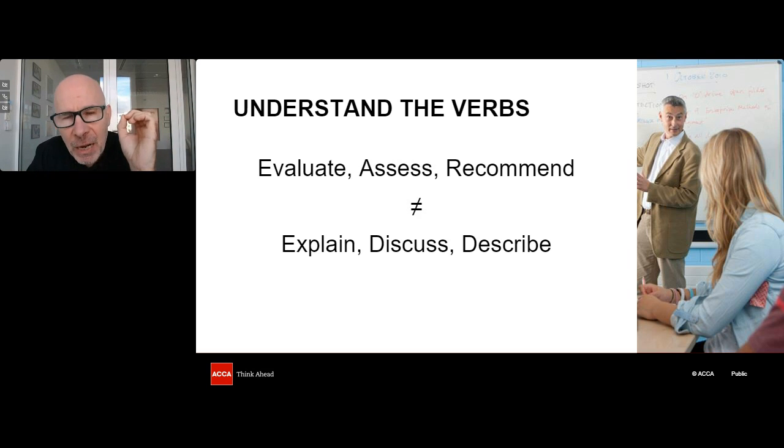This is a common mistake. When you are evaluating, you must express judgment. Everything you're saying is about a positive feature or a negative feature. A recommendation needs to be clear and direct and supported with a logical argument.